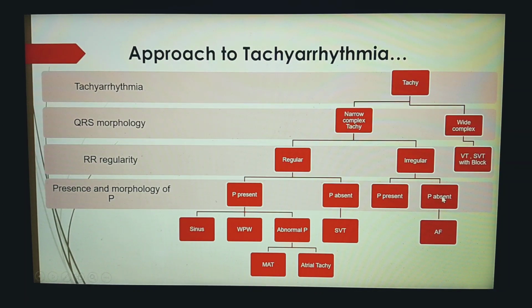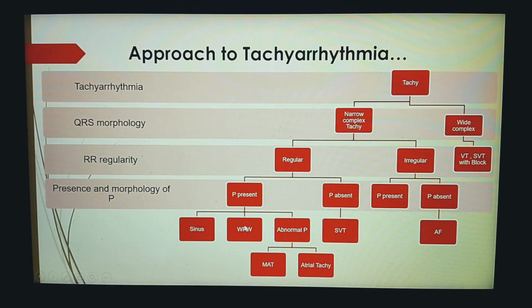Narrow complex tachycardia, P absent but irregular, then it is atrial fibrillation. Narrow complex tachycardia with P present, then we check the morphology of P and the PR interval. If P wave and PR interval are normal, then it is sinus tachycardia.